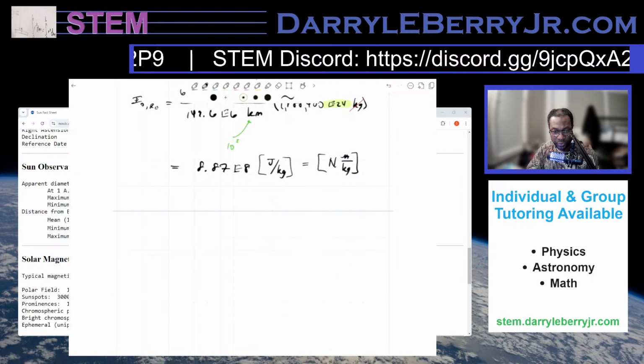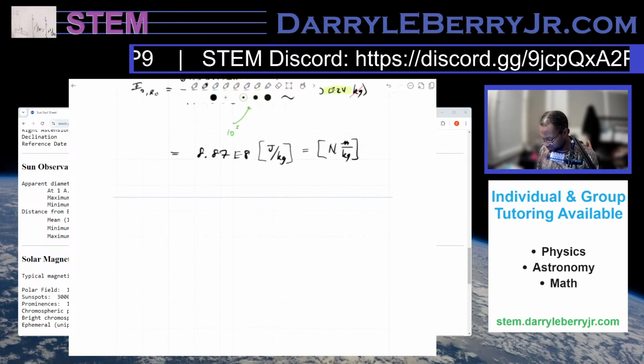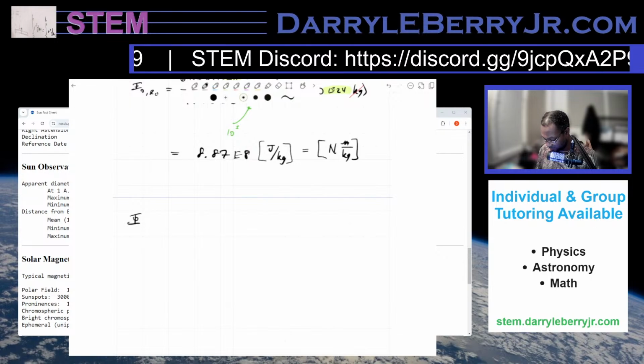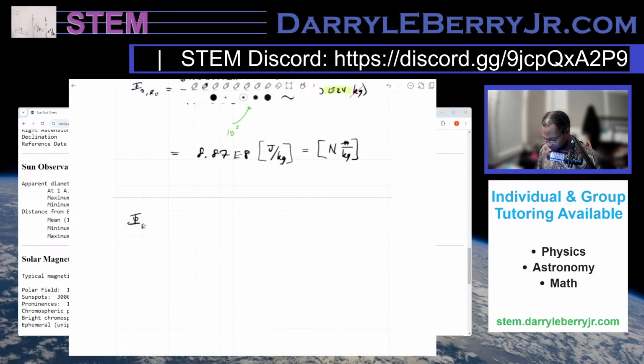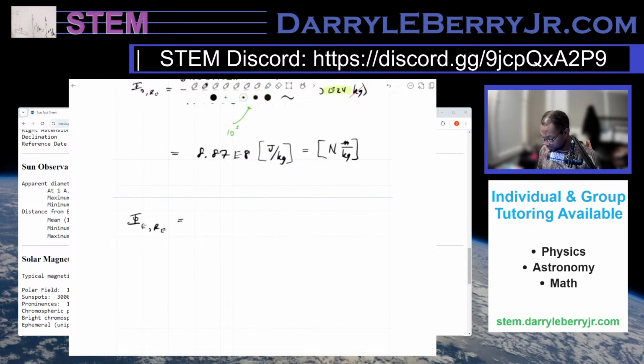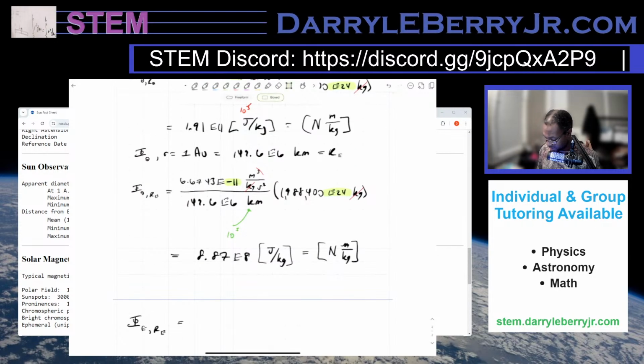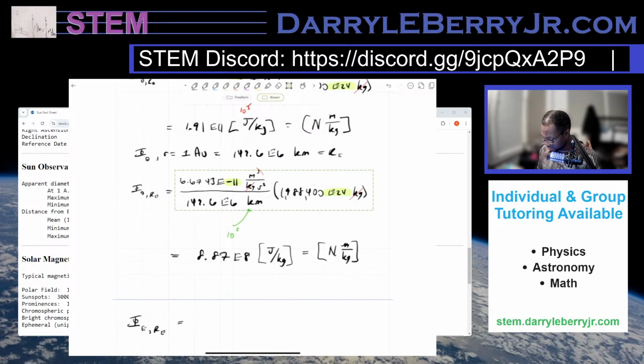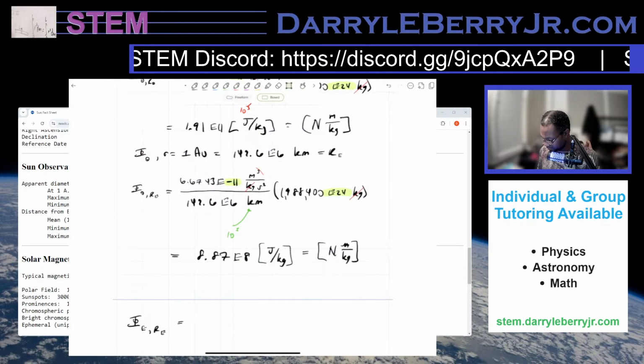The gravitational potential for Earth at Earth's surface. Now we have the potential of Earth. So that equals, again, we can copy the same thing down, except now we have to change two things.